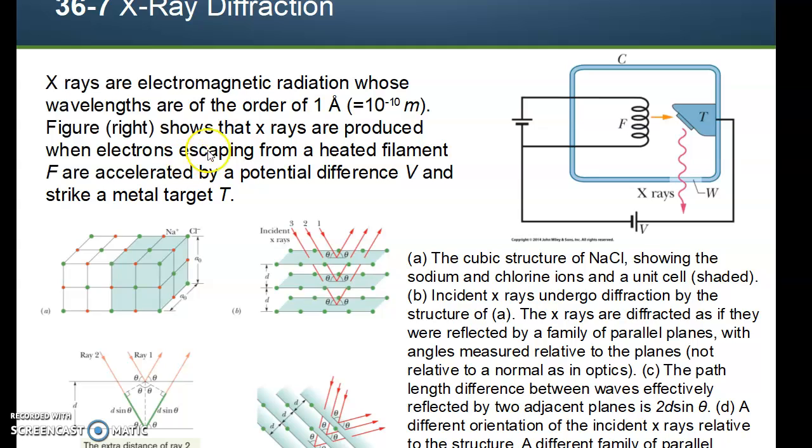The figure at the right shows that X-rays are produced when electrons escaping from a heated filament, F, are accelerated through a potential difference V and strike a metal target, T. And on that metal target you have some type of crystal structure.